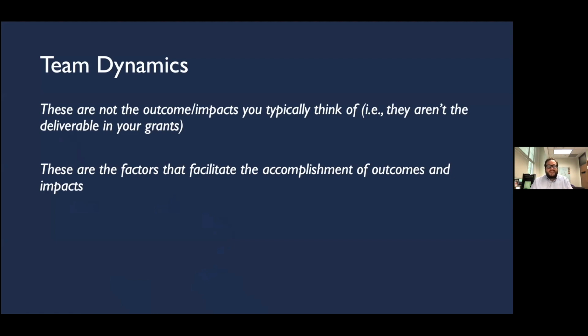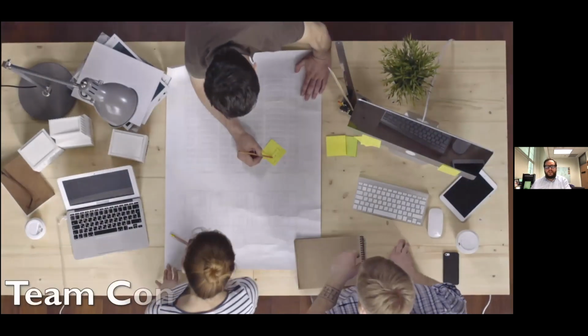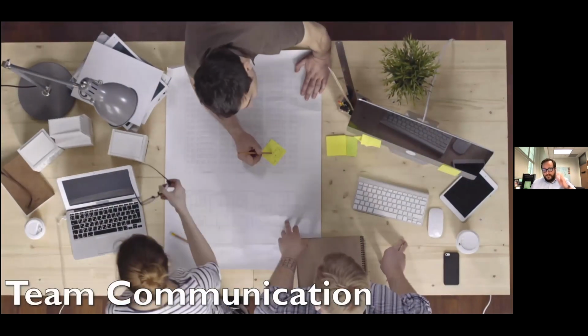They are the things that lead you there. And Sean has covered this relatively well. They're the factors that facilitate the accomplishment of these outcomes and the impacts that you want to achieve. And I have a whole bunch of fancy videos that I will go through quickly to give you an idea of some of these constructs, even though Sean mentioned a lot of these.